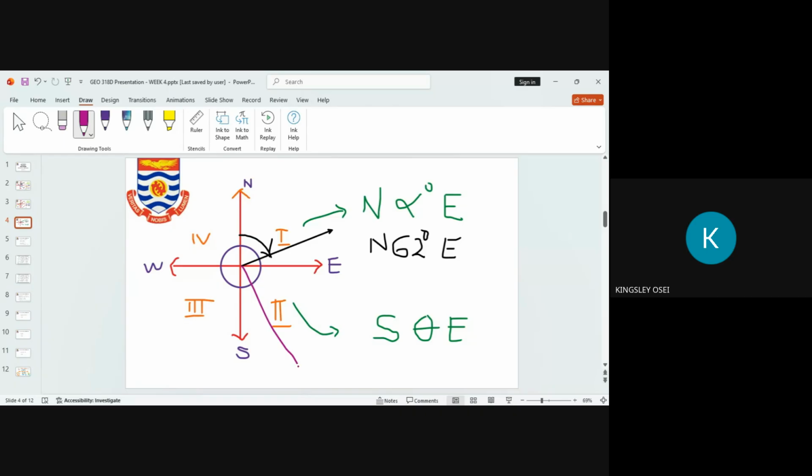So let me have this. That's my line. You can call this one O, origin, you can call this one K or M or T. So this is the line you want to determine its bearing.